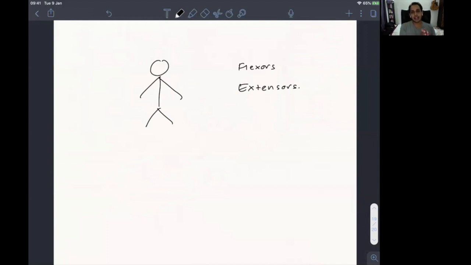Your hip has to extend, your knees have to extend, and your ankles have to extend. So they are all extensors of your lower limbs. And when one leg is extending, the other one has to flex. So there has to be continuous alternating flexion and extension of the lower limb muscles of each leg.